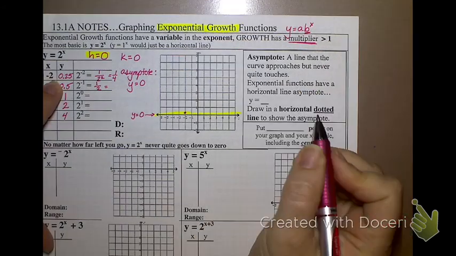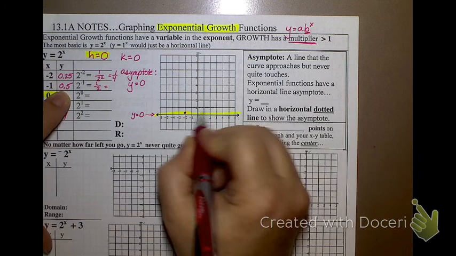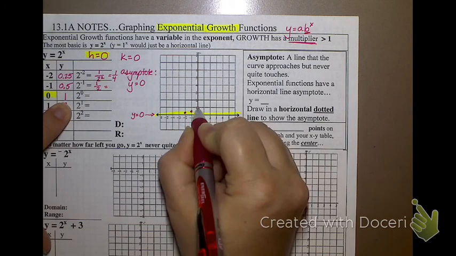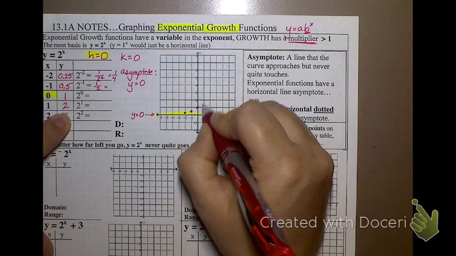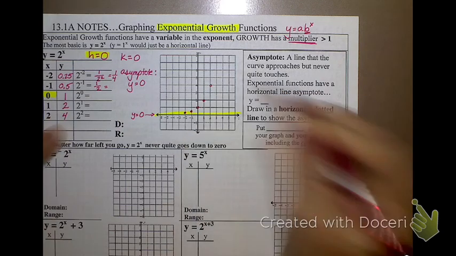I'm not actually touching that line, the black line, right? -1, 0.5, 0, 1, 1, 2, and 2, 4.